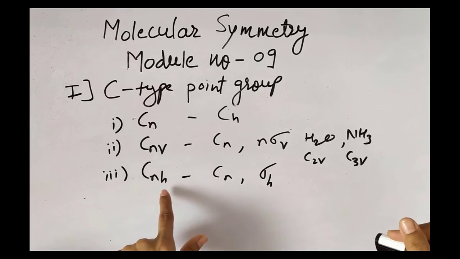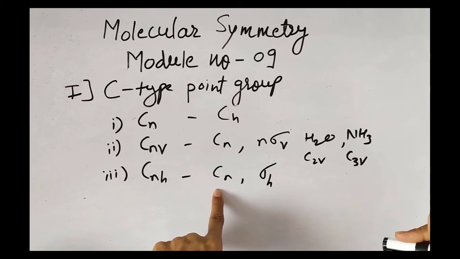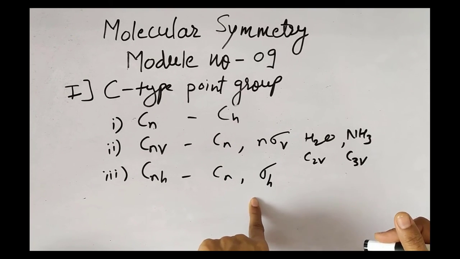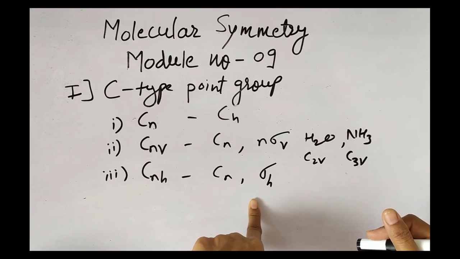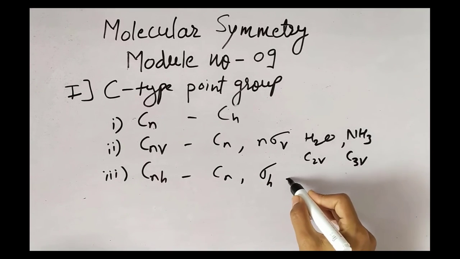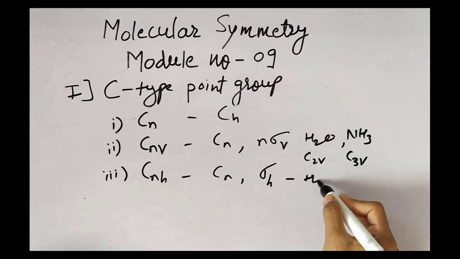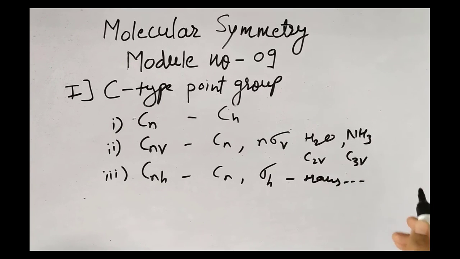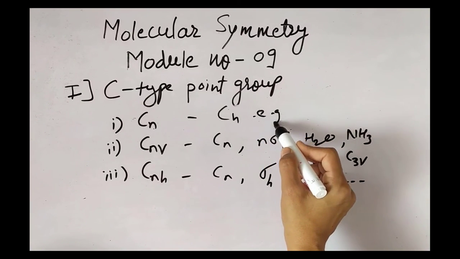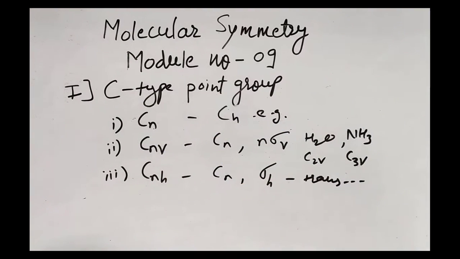The definition of Cnh is having only a Cn rotational axis and just one horizontal plane. Again I am telling you, make the correction in your textbook. It says n number of horizontal planes, but it is not necessary, just one horizontal plane. An example for this is trans-dichloroethylene. No particular example is given for the Cn point group in your textbook.